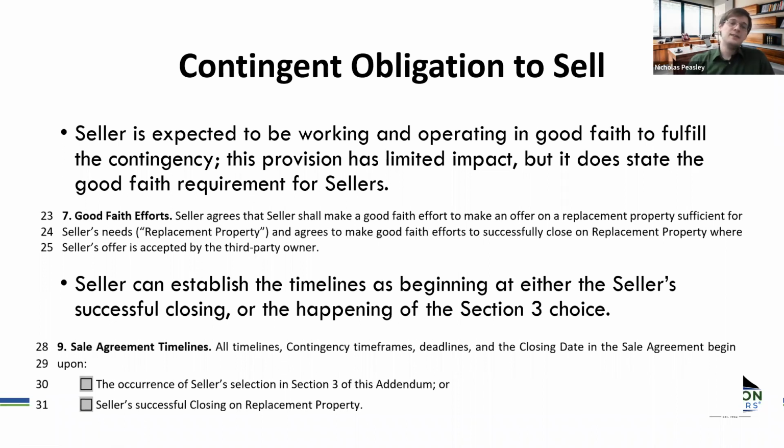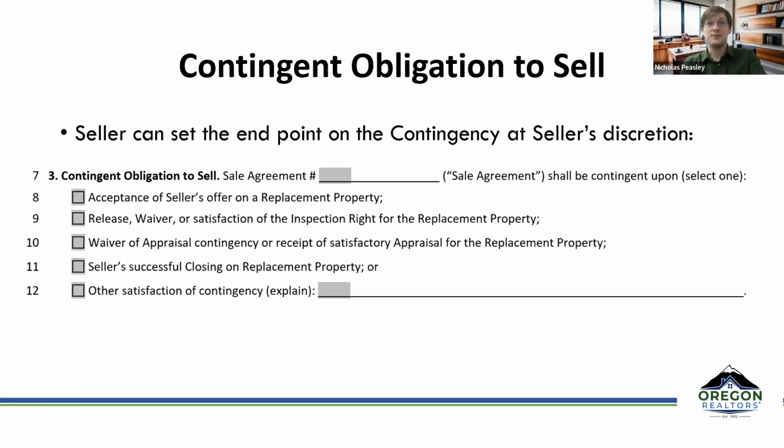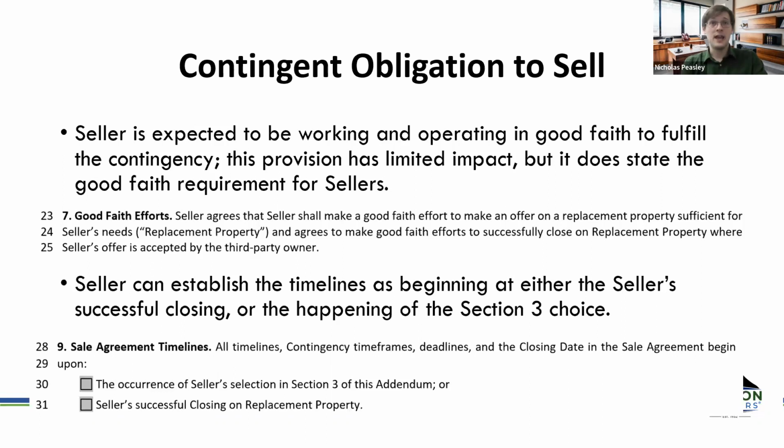So it can be, for example, all timelines, contingencies, timeframes, deadlines, closing date, and sales agreement begins upon the occurrence of seller's selection in Section 3. So, for example, normally you have 10 days to do your inspections on the property, that kind of thing.